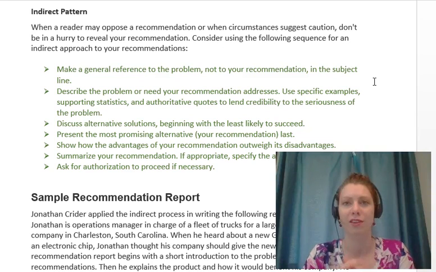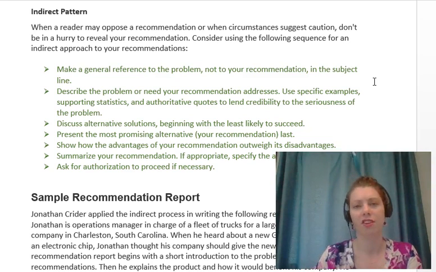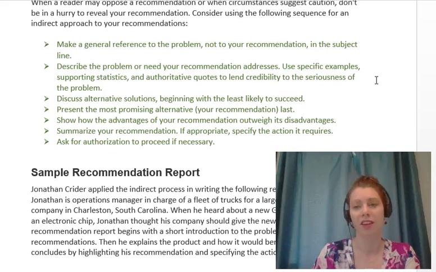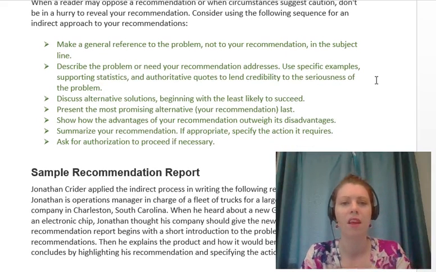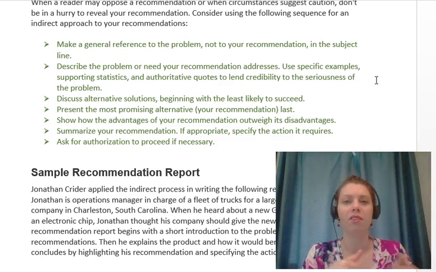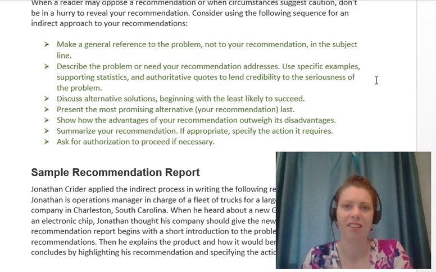This is a solution for your life. This is what you need right now. Show how the advantages of your recommendation outweigh the disadvantages. Always important. That's like anticipating the objections, right? Summarize your recommendation in the end and ask for authorization to proceed if it's necessary based on your report.